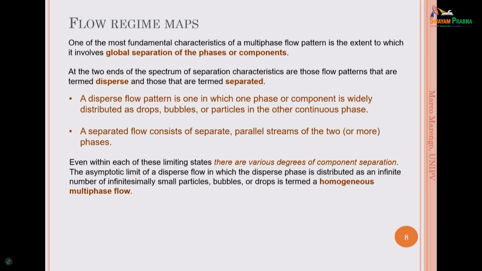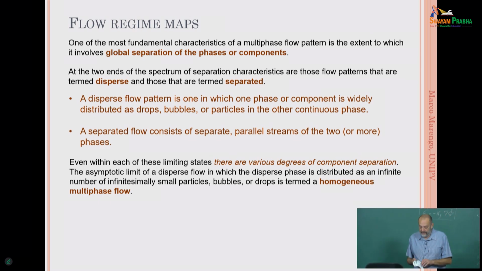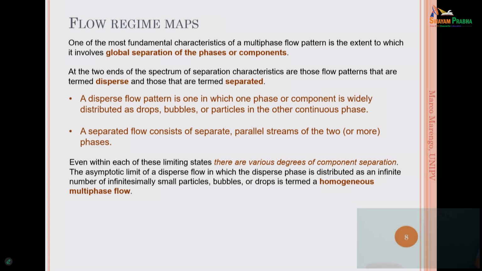In fact, what we can say is that we have an asymptotic limit for the dispersed flows when we have a very large number of small particles. Imagine a lot of nanoparticles in a flow. We can consider this as a single-phase, homogeneous flow.